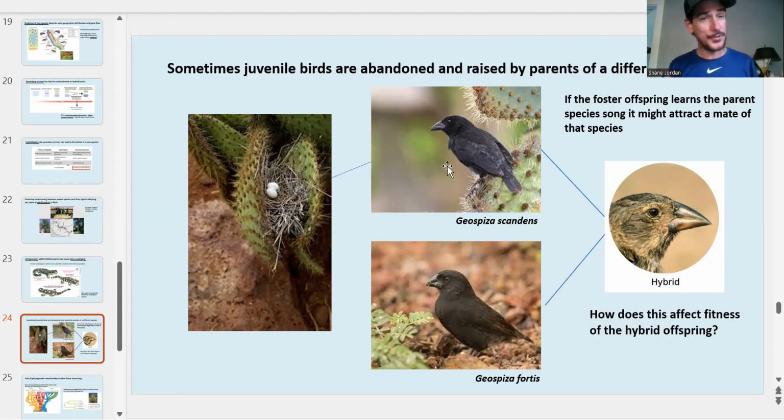It might be able to successfully mate in doing so, but it's going to form a hybrid offspring in the process. We can start asking questions about how this might affect the fitness of the hybrid offspring. What song is the hybrid offspring going to learn? This is just another way that hybridization happens, and it can lead to complicated and unintended consequences.